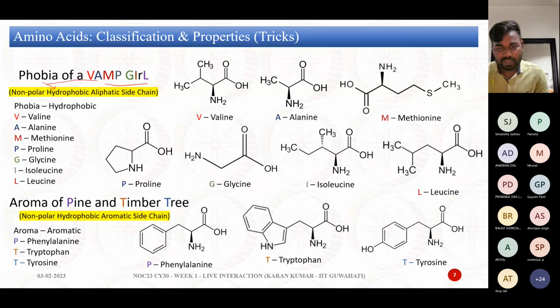Now tell me which will be the alpha carbon in all amino acids. Let me locate it for this one. This is 1, 2, 3, 4. Which marking is the alpha carbon? So carbon number 3.